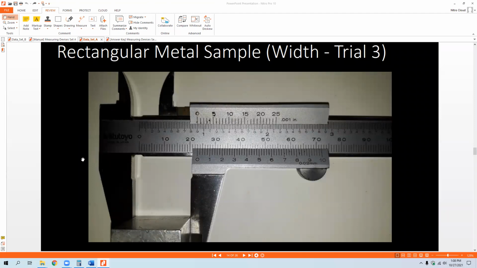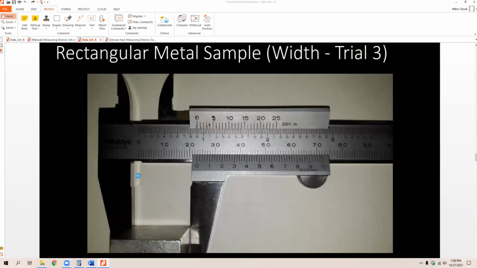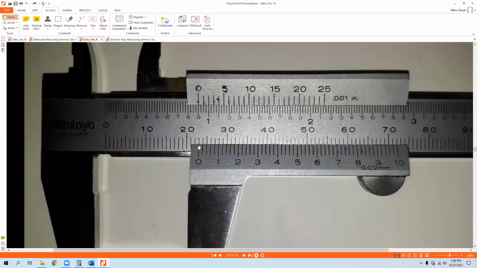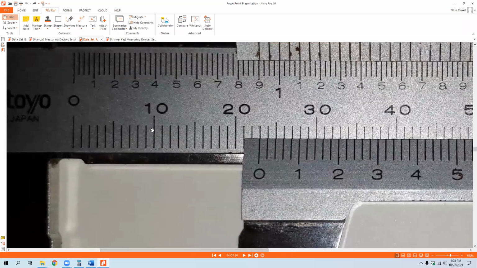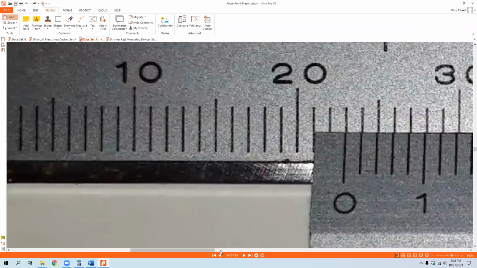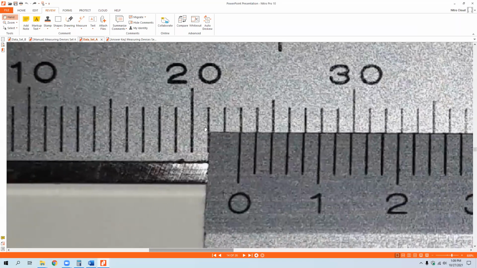We have a main scale measurement of, saan tumatapat? Sa 0. Oops, it looks like we have to zoom in further. So nasa bandang ito 20, 21, 22. Oh, kita natin dito. It's close but not quite at 23.